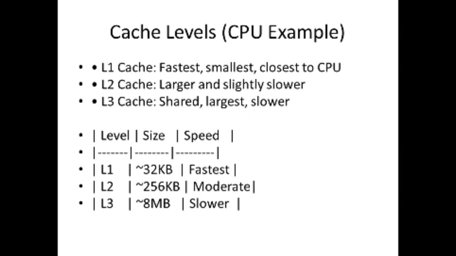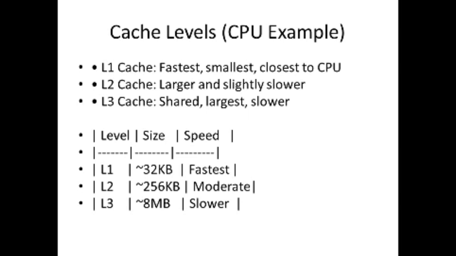And the level three cache is shared, largest, and slower. The level three cache is shared with other devices or equipment in the system, and it's also large and slower.